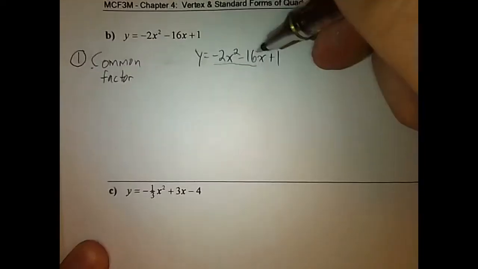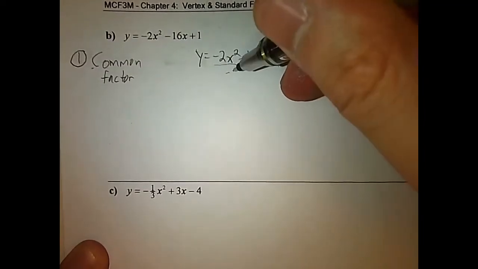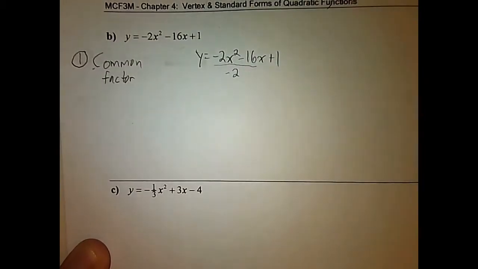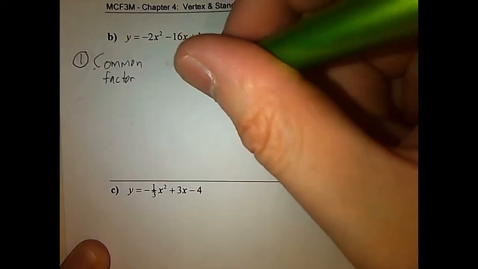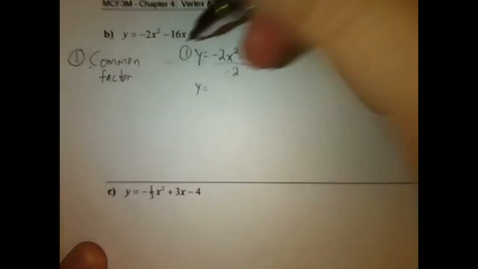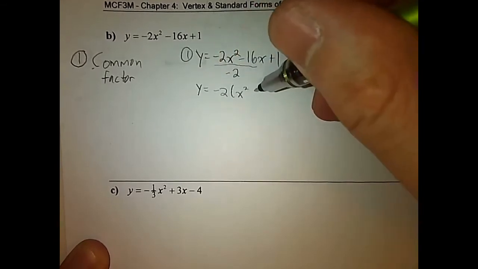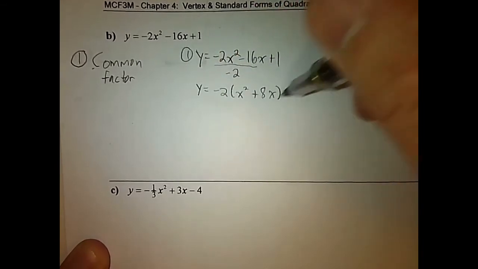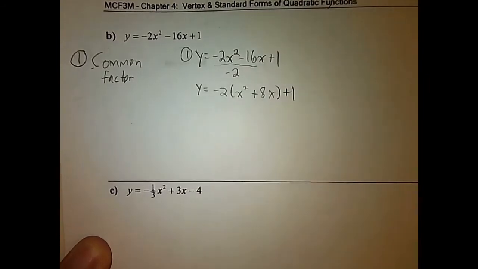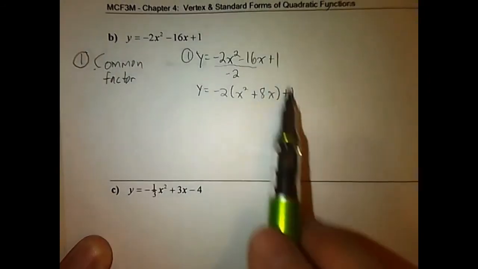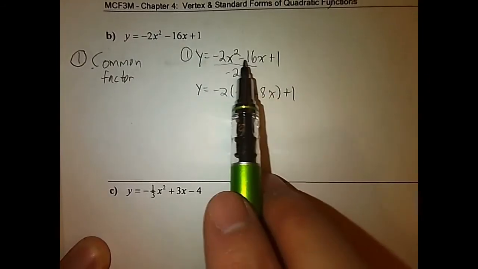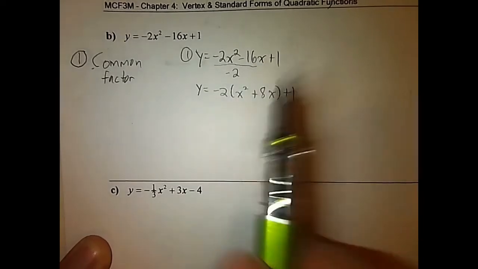So between these 2, -2. Try to common factor out the negative if you can. So we're going to have y is equal to, this is step number 1, -2 times x squared plus 8x plus 1. So the plus 1 just stays here, and -16x divided by -2 is +8.